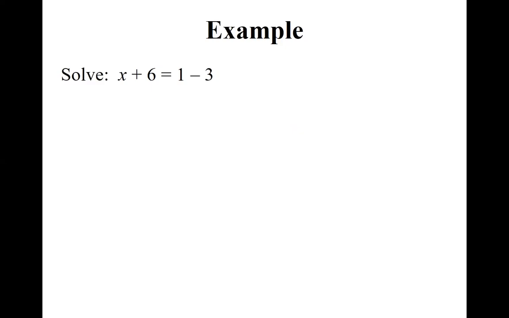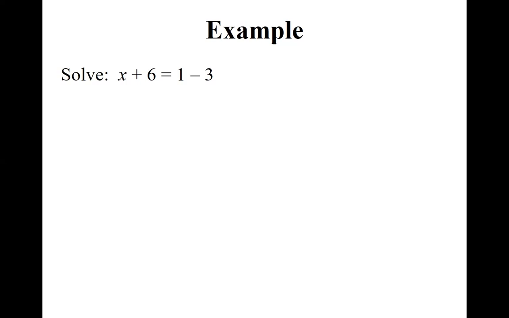We're going to do some examples like we did before with the addition and multiplication properties, although now we're going to have the extra step of making sure there are no like terms to combine first before we use the property. Here we have x plus 6 equals 1 minus 3. On the left side of the equation, we have x plus 6. There's nothing we can do to that.